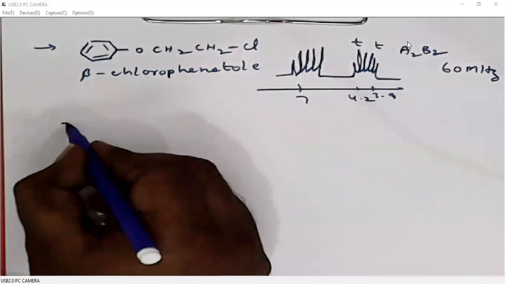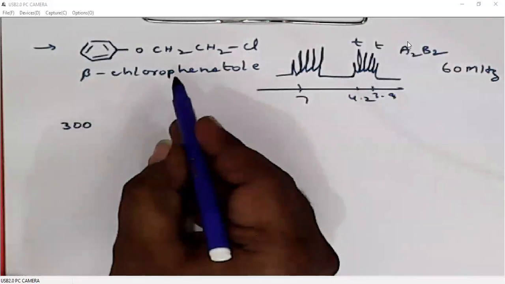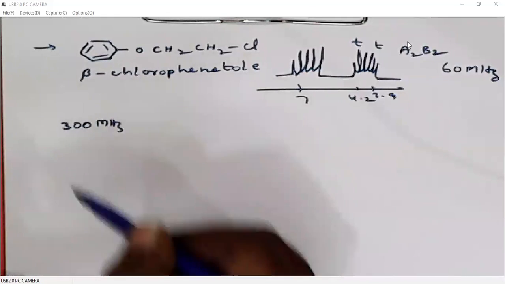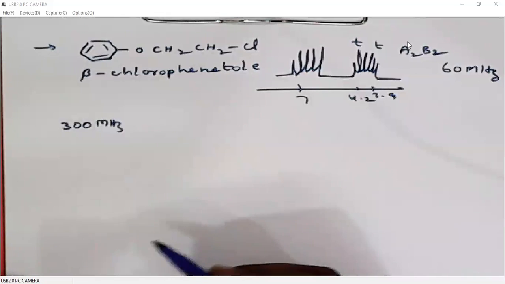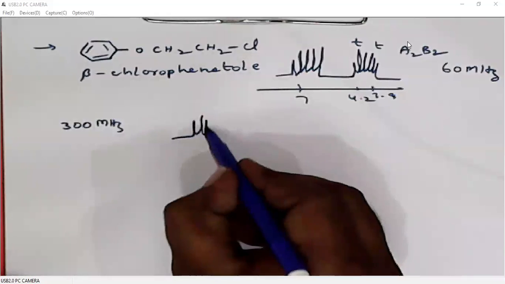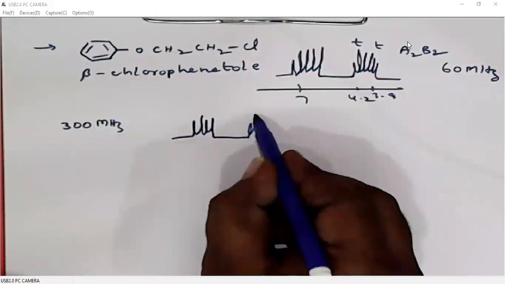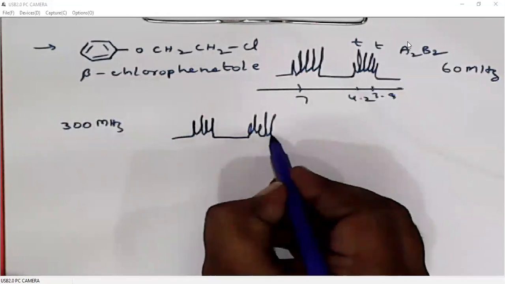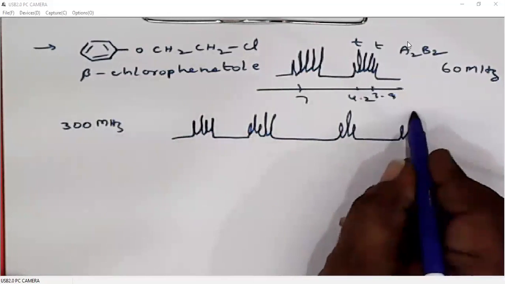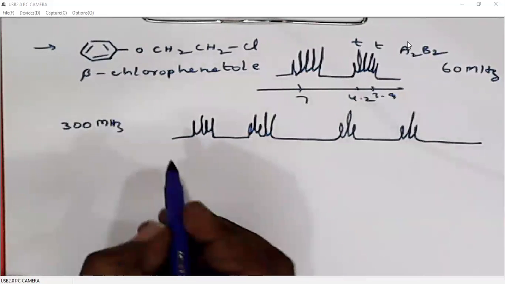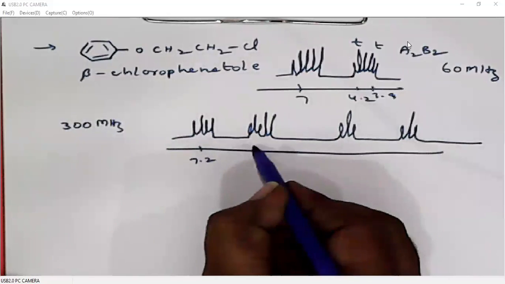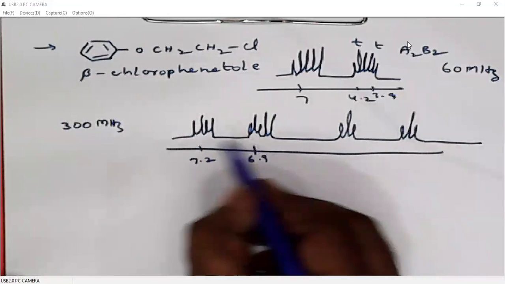But when we collect the NMR of the same compound on a 300 megahertz instrument, it gives a peak like this. These are for the aromatic protons.